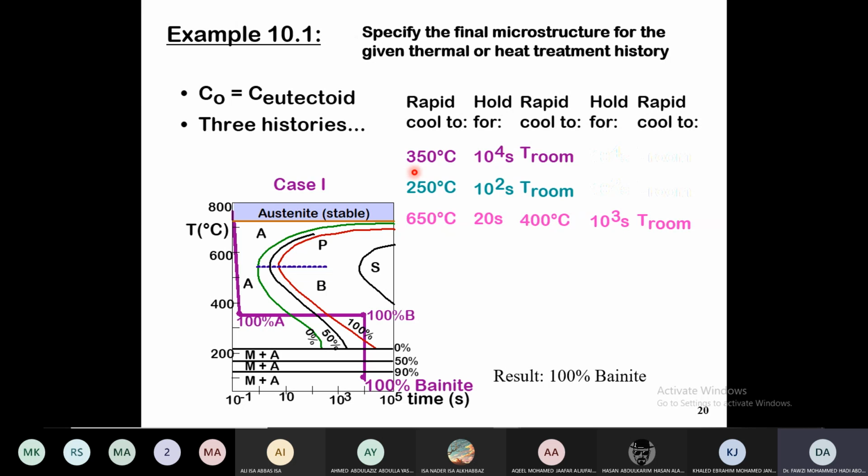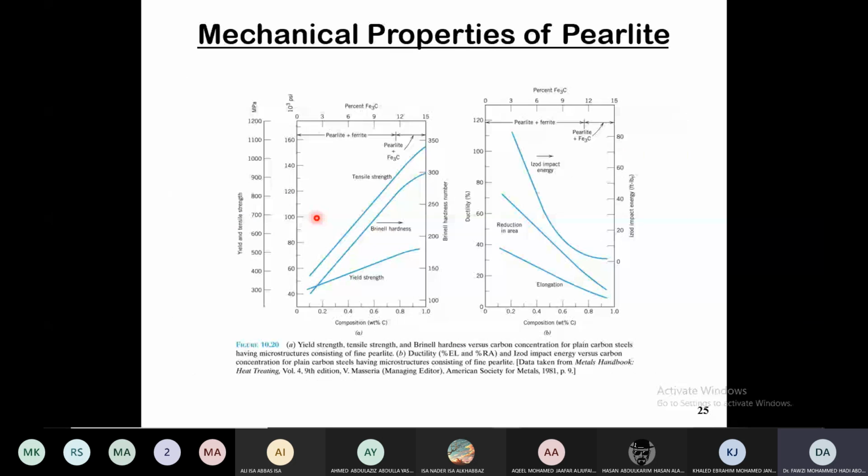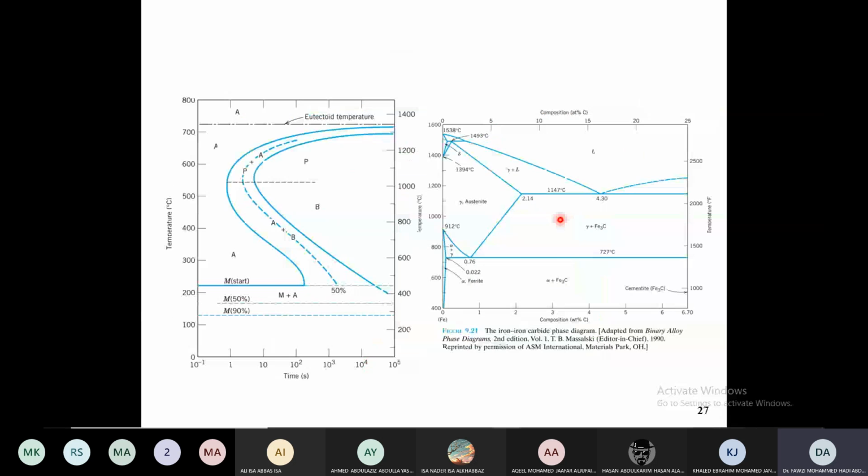Now, in the first one, we rapidly cool from the austenite zone to 350 degrees centigrade. This is the TTT diagram. We are assuming that we are in the austenite stable zone above 727 degrees centigrade, the eutectoid isotherm.